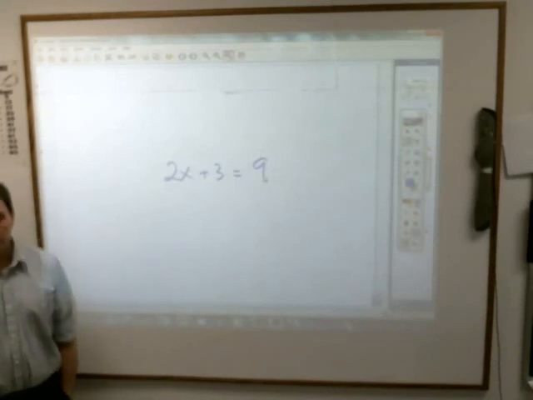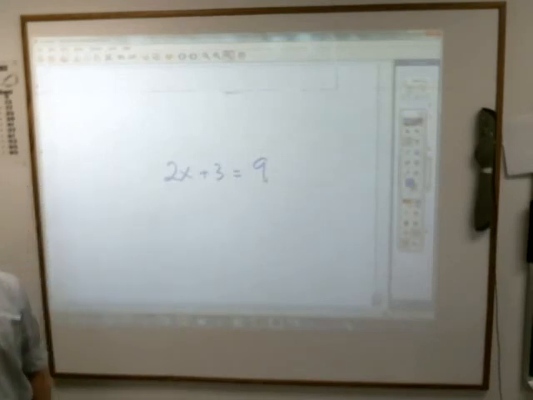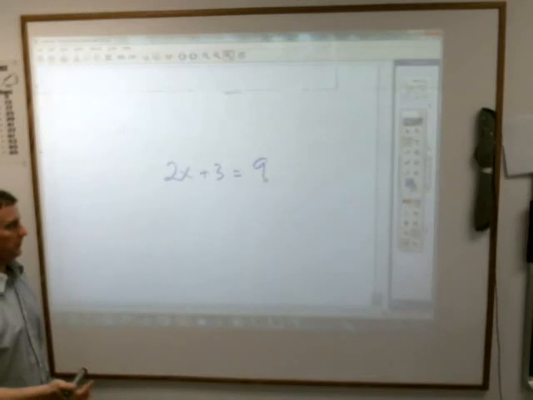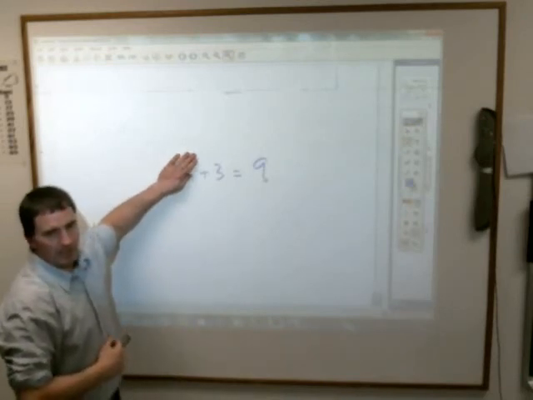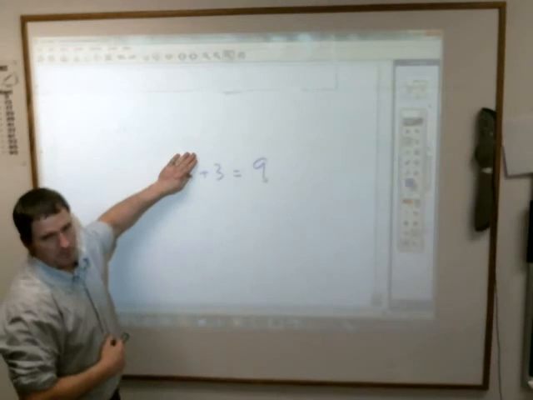If you're doing this mentally, how would you figure that out? The first thing you do is ask, what number, when you add 3 to it, gives you 9?